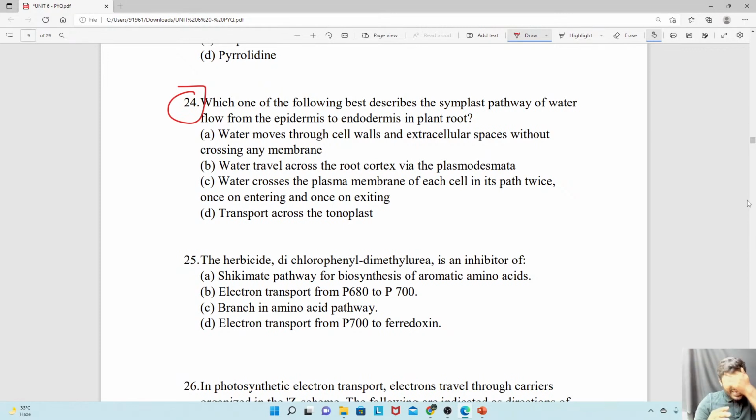While explaining, I drew the root epidermis, cortex, cortical cells, endodermis, stele, then followed by the xylem. Everyone tell me what is the answer for 24. Think it. Hope all of you remember.